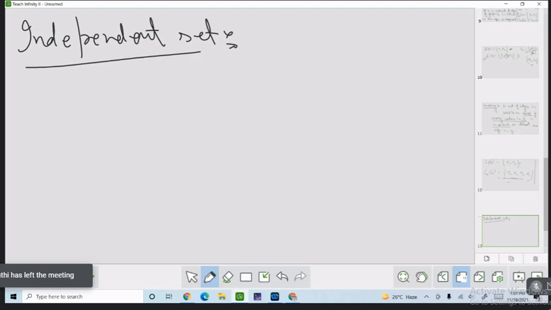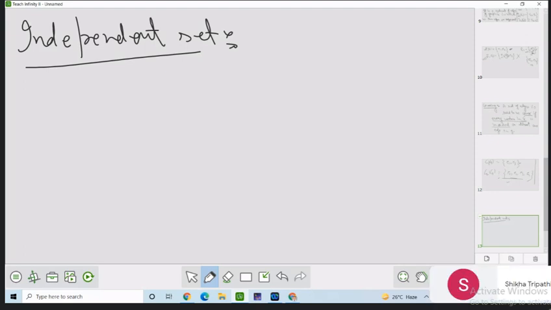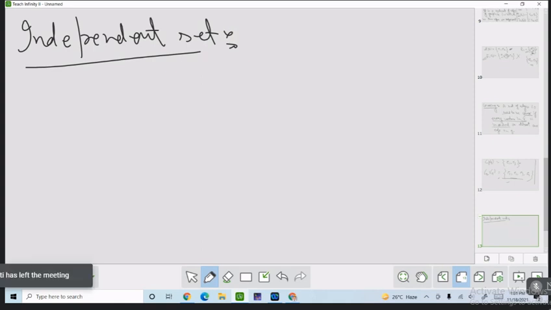A set of edges which are non-adjacent. So an independent set is a set of vertices in which no two vertices are adjacent. Matching, what do you mean by matching? Matching is a set of edges in which no edges are adjacent.